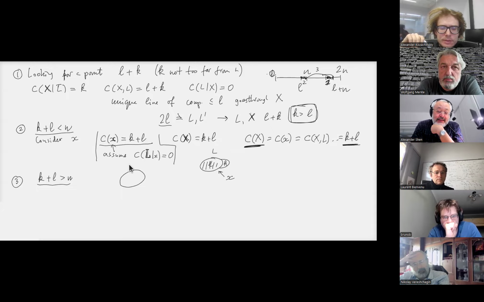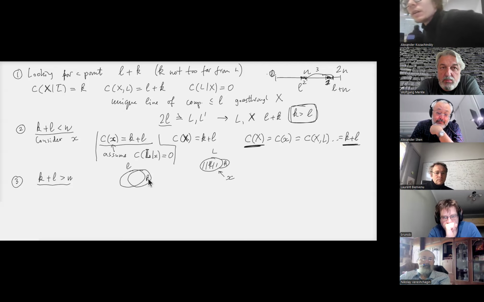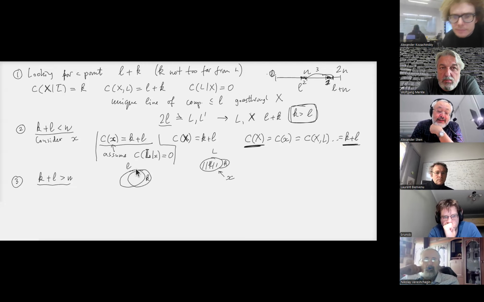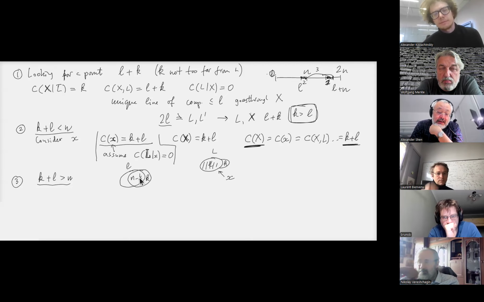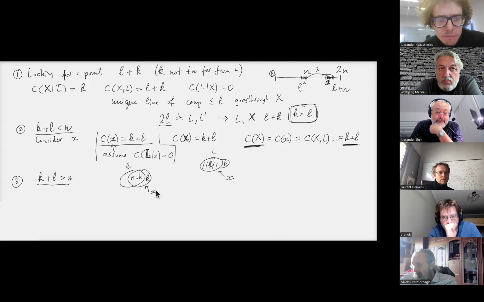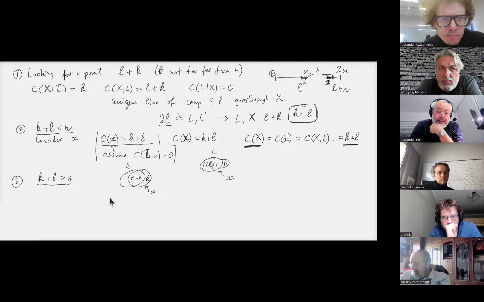We have complexity L, and we want to increase it by some k. So let's find a string of complexity n minus k. This will be x. And this will be line L.